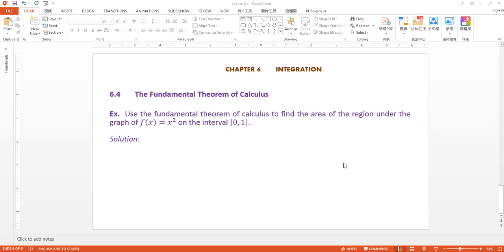So we want to find the area under the curve and above the x-axis. All right.